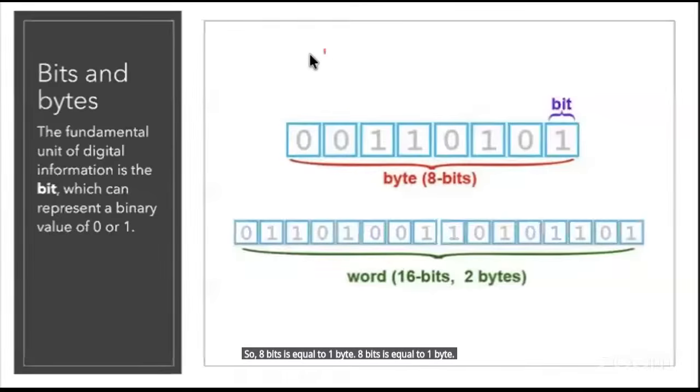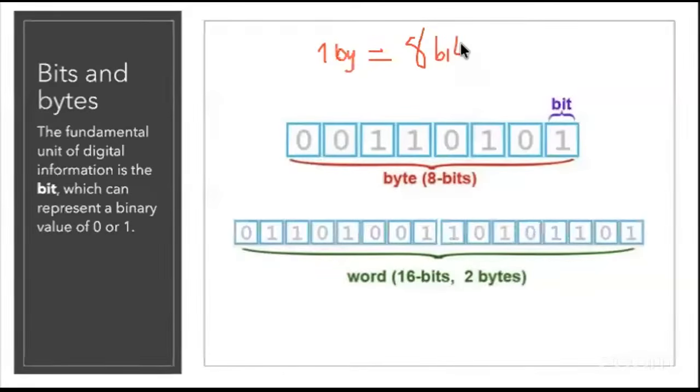Let me see whether I can write something here. 1 byte. Let me just leave it at BY. I can't write out everything. I'm drawing using my bare hand. 1 byte is equal to 8 bits.